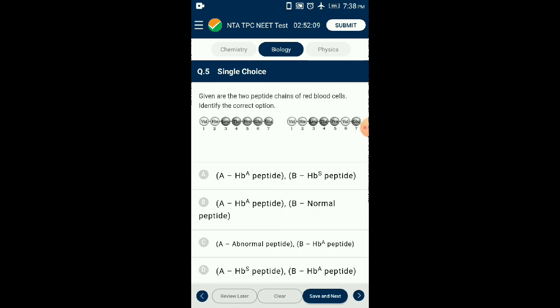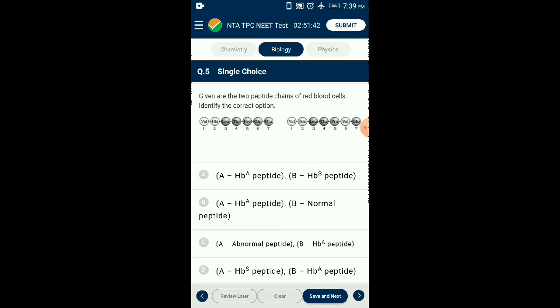Question number 5. Given the two peptide chains of red blood cells, identify the correct option. Sickle cell anemia is an autosomal recessive disease and therefore it can be transmitted from parents to the offspring when both male and female individuals are carriers, that means heterozygous for the gene.